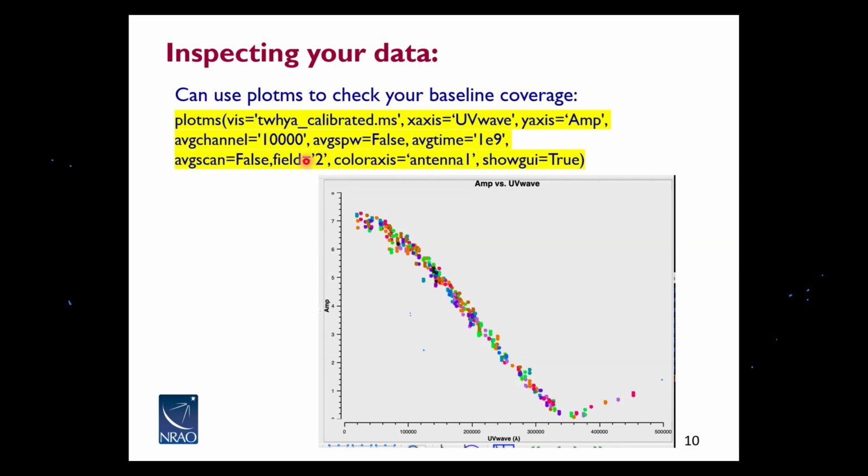I think it's Cirrus in this case. Yeah, I forgot. But anyway, you can set it to any field, even the science target field, to check how the observed UV coverage is like. So this is actually a useful plot. For example, here you can see the maximum baseline is some number, and then you can use this to infer the beam size or something. And I'm also going to do it myself.